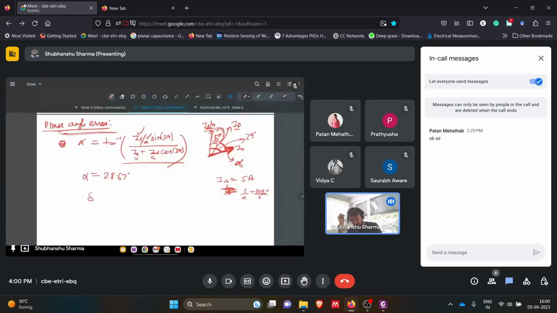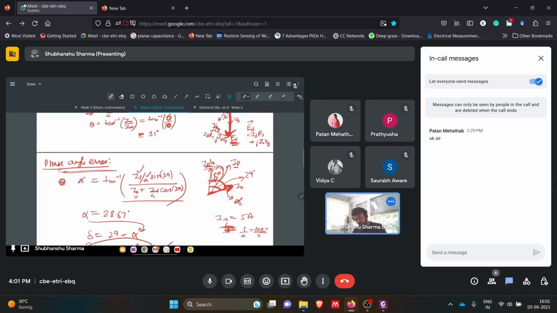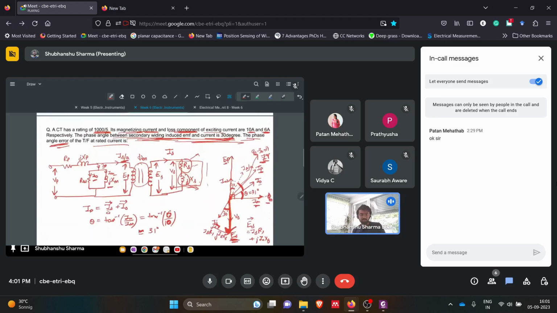Phase angle error is delta, as we discussed. So delta will be this full angle of 29 degrees minus alpha, which is 0.324 degree. So this much phase angle error has been introduced because of the burden at the secondary side, that is this 30 degree angle, and also because of the loss component I naught.